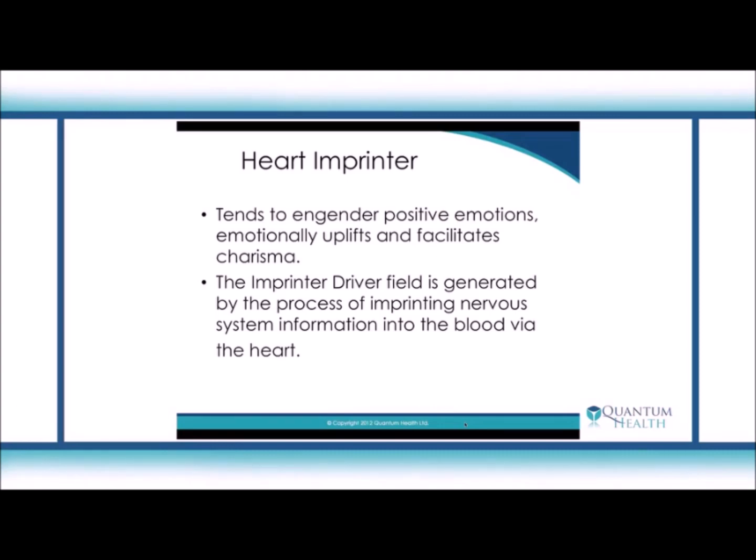The same is true within the heart. There's a nice proportion between each of the four chambers, and if those proportions get distorted, it affects how information is imprinted into the rest of your body.